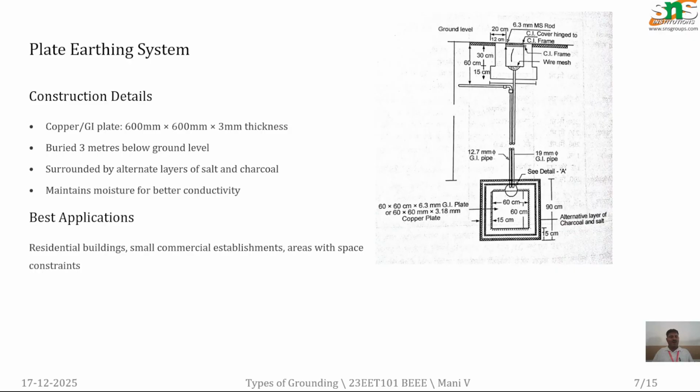The galvanized iron plate kept in the ground should be surrounded by different layers like salt, charcoal, and rocks. We also have to maintain moisture for better conductivity. Around the earthing system we always maintain wet conditions, because wet conditions provide very low resistance compared to dry conditions.